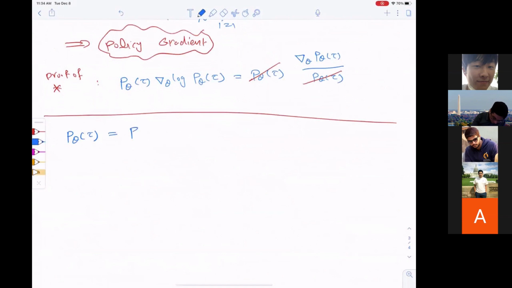So I have the probability of S1. And with this probability, I'm taking another action. And here's the transition probability to another state.